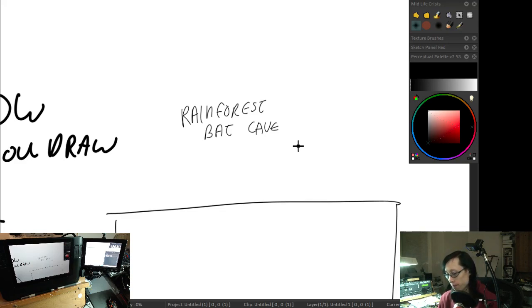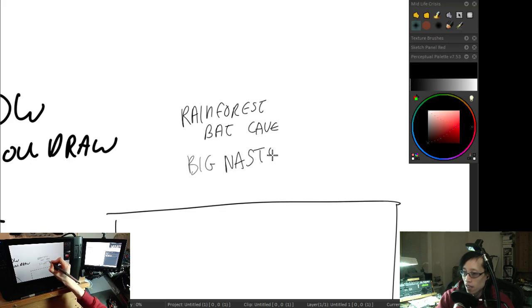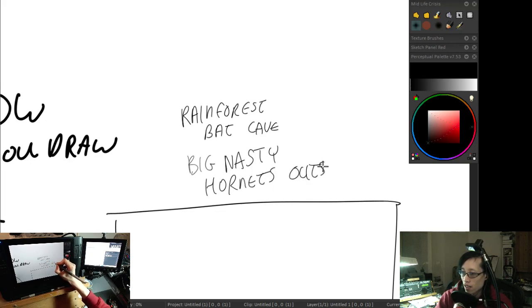So you have a rainforest bat cave, and you have oodles upon oodles of these big nasty hornets outside. And this is the thing.